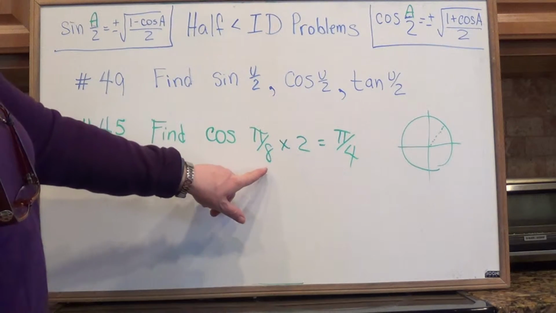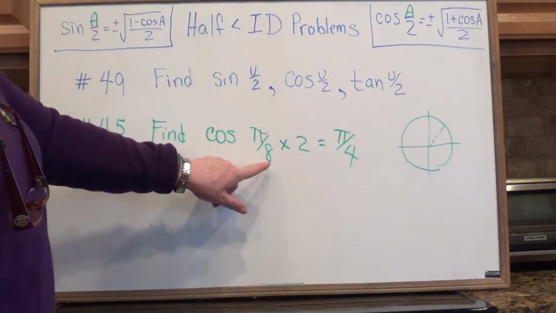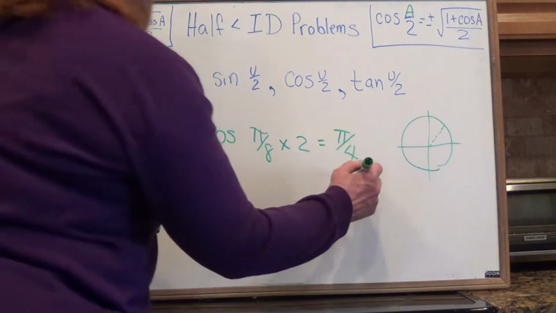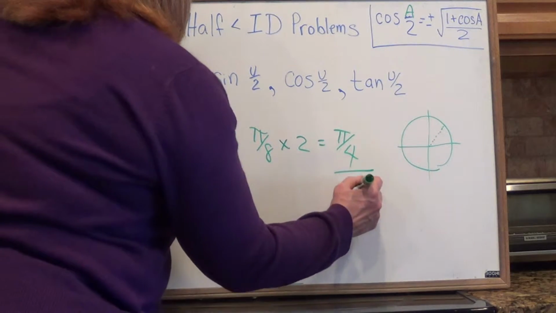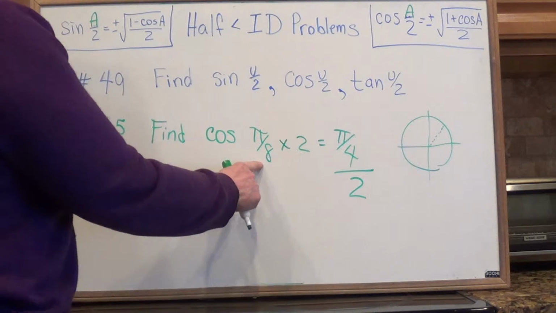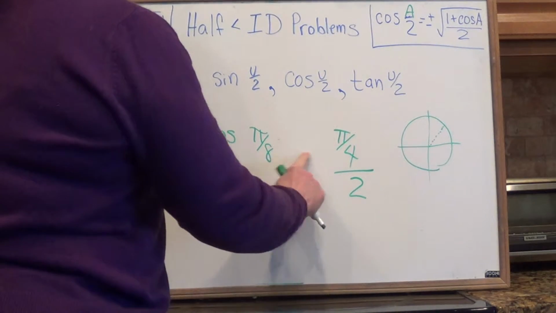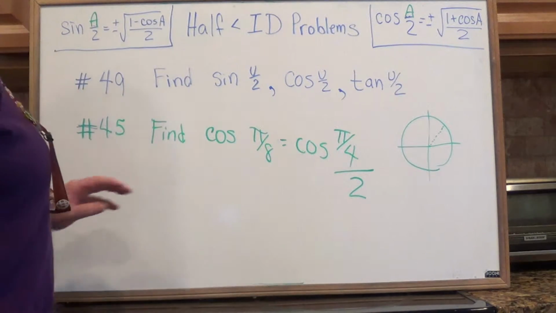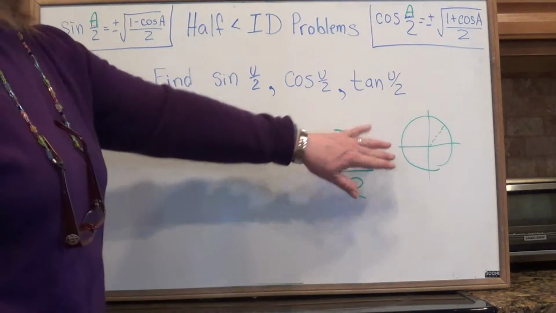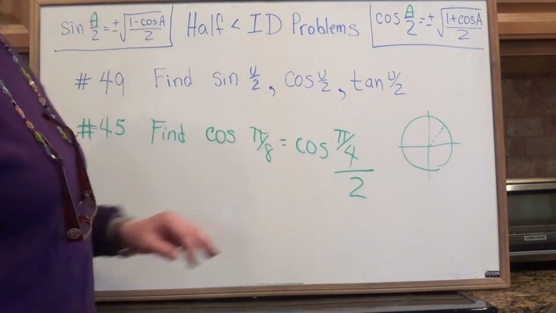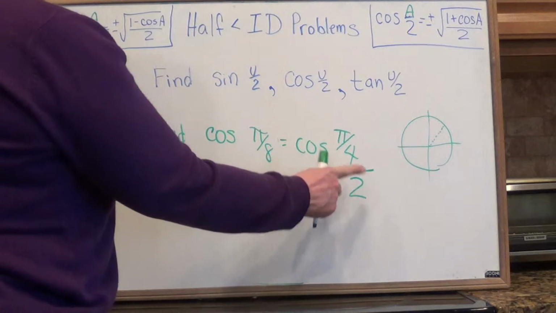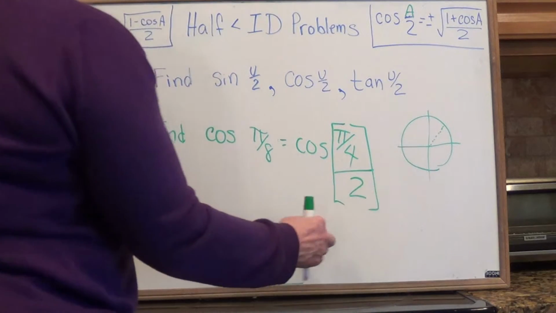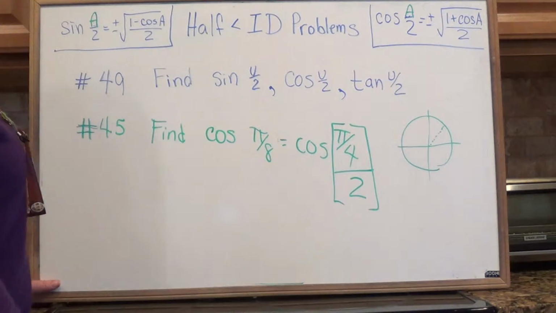So whenever we have a problem that is not on the unit circle, but the double of the problem is on the unit circle, then we can take the double, divide it by 2, and that's equivalent to the original problem. So we haven't changed anything. Instead of doing pi over 8, which is impossible to do directly, we're just going to rewrite it a different way. Pi over 4 divided in half is pi over 8, and we can do this one because we have a formula that can get us through it.